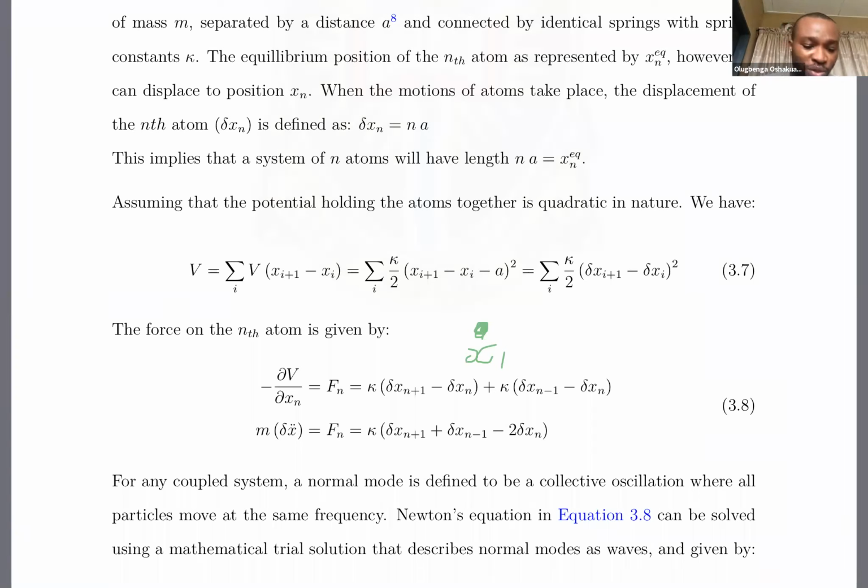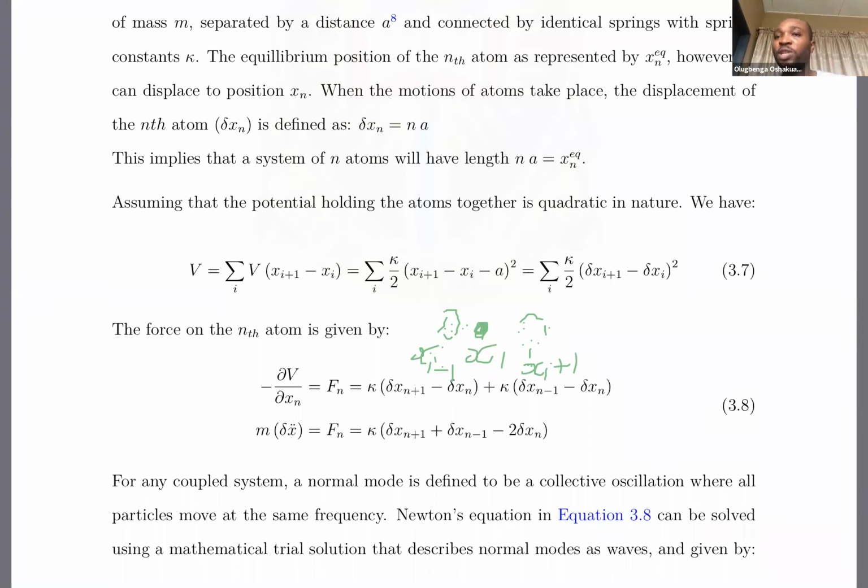When it displaces to the left, we can say it is now at position xi minus 1. When it displaces to the right, the same matter, we can say it's now having a position xi plus 1.